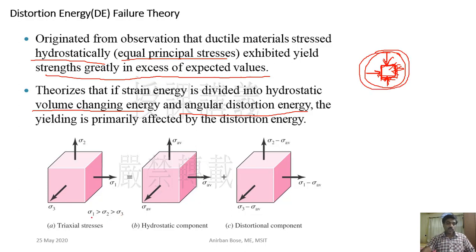Okay, so we know that the total energy will be because of the general state of stress. Suppose these are the principal stresses for the general state of stress, and that can be divided into two parts.